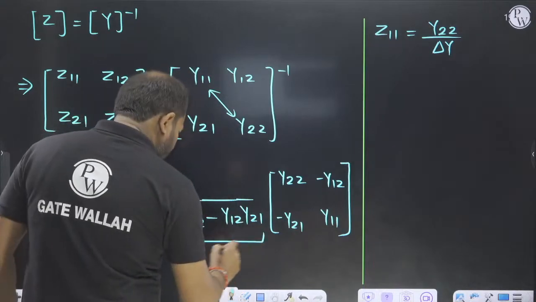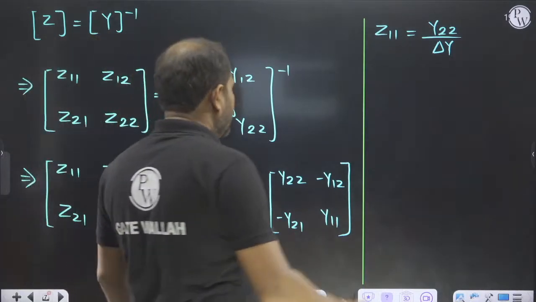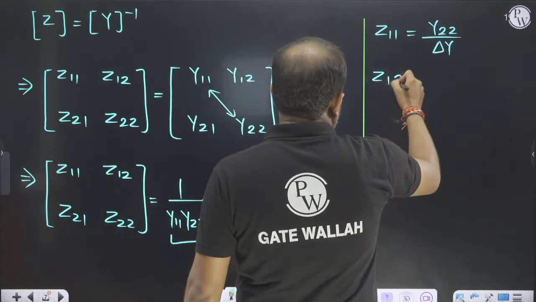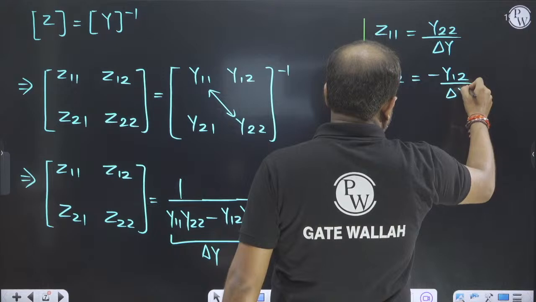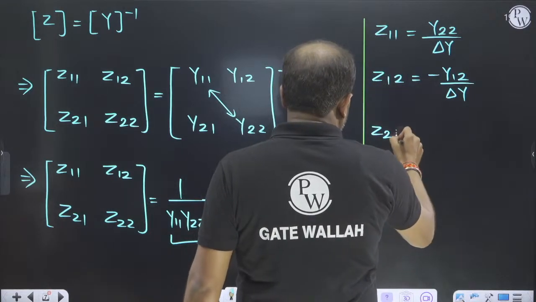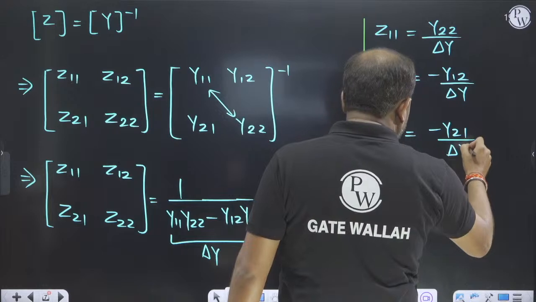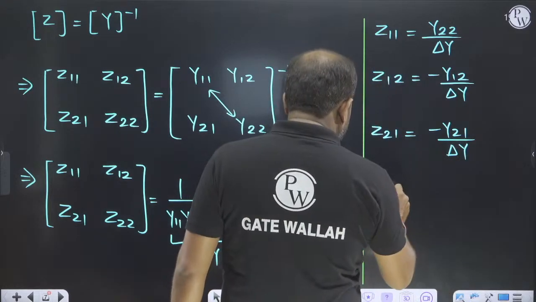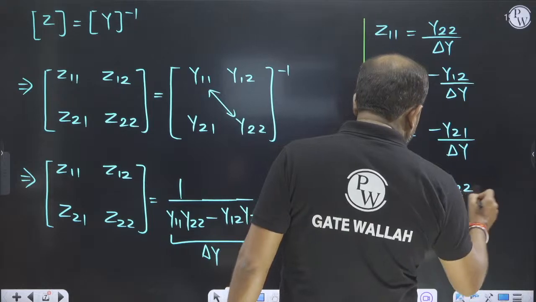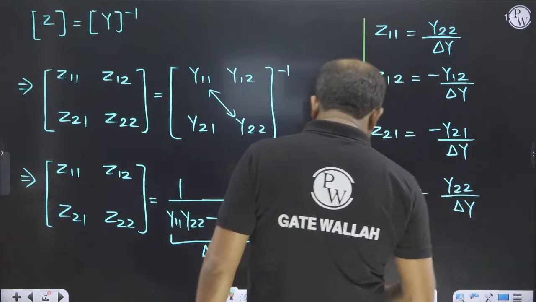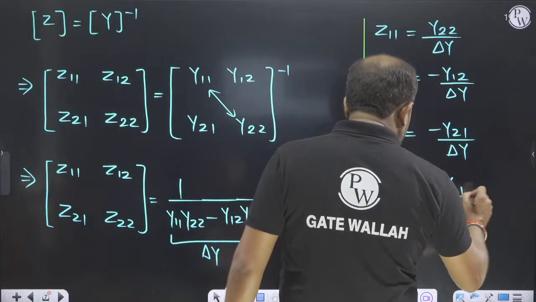This is delta Y. Then Z12 will be minus Y12 upon delta Y, Z21 will be minus Y21 upon delta Y, and Z22 will be Y11 upon delta Y. It is very easy to remember.